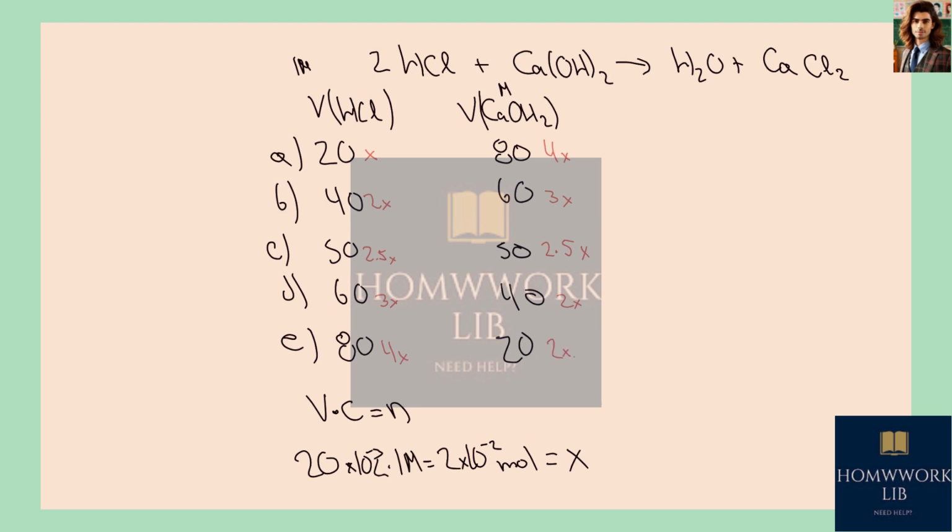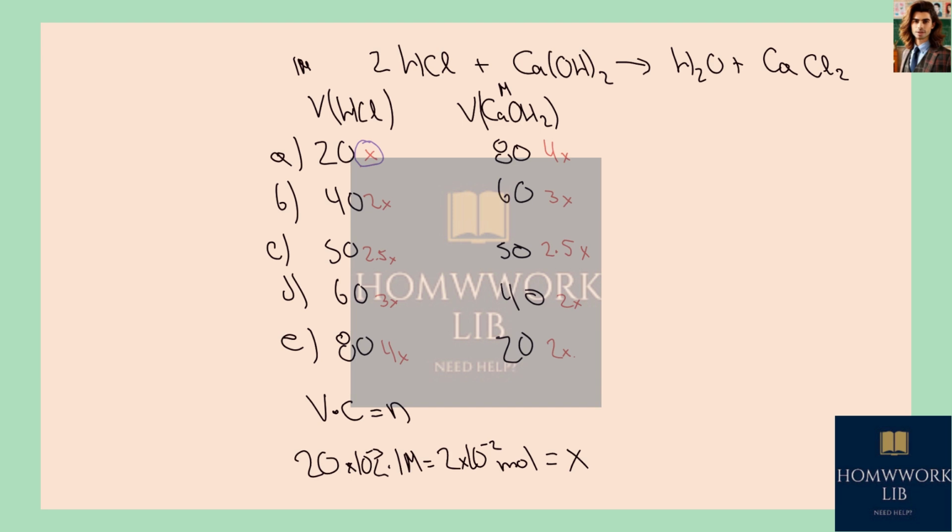Now let's look at what is going to be the limiting reagent. x amount of HCl can react with 2x of calcium hydroxide. So in this case, the limiting reagent is here. Next up, 2x amounts of HCl can react with x amount of calcium hydroxide.